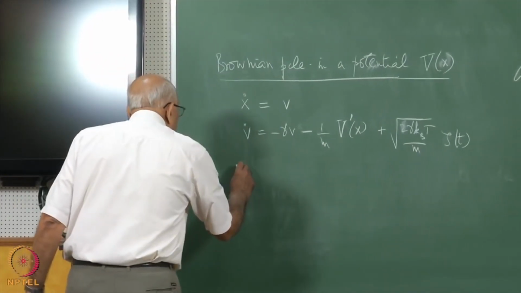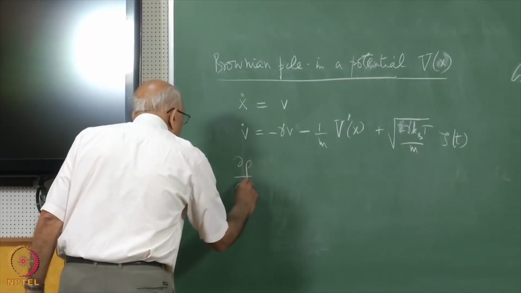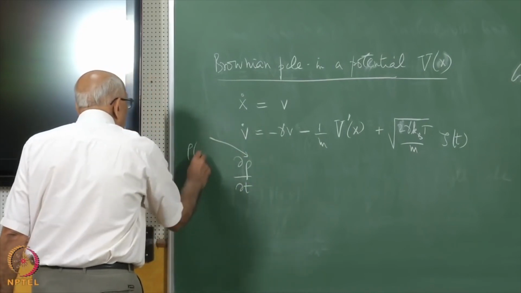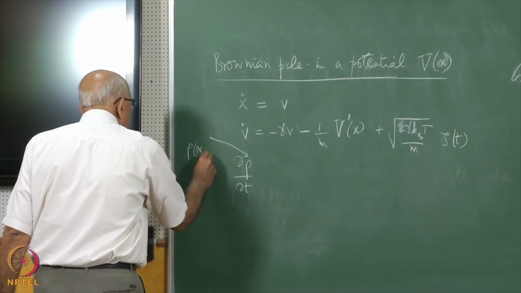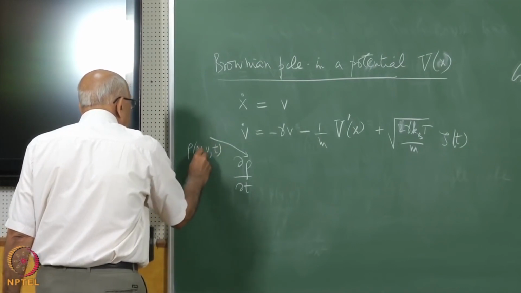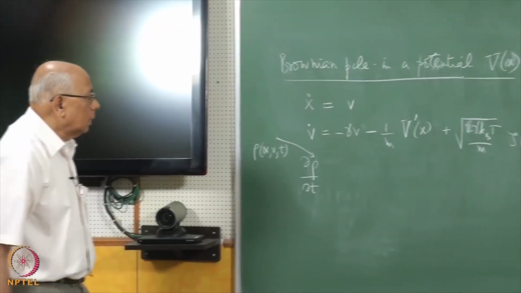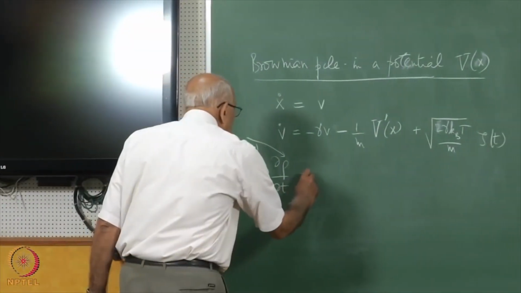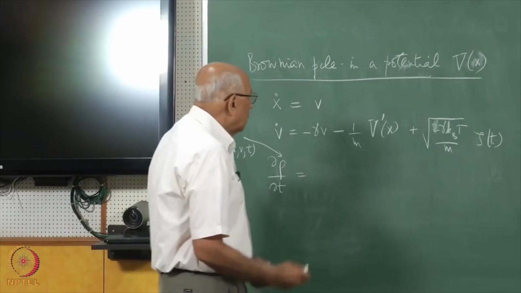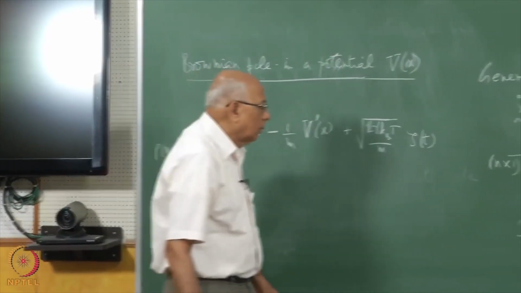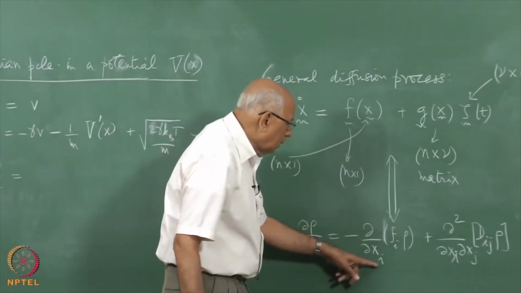So we want an equation for delta rho over delta t, where this rho is rho of x, v and t. So this is equal to, well, x1 is x and x2 is v. So we want minus delta over delta x1 and then f.